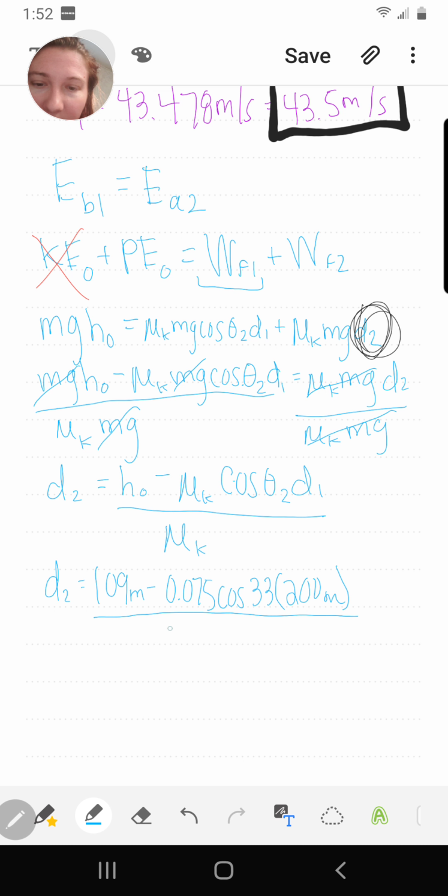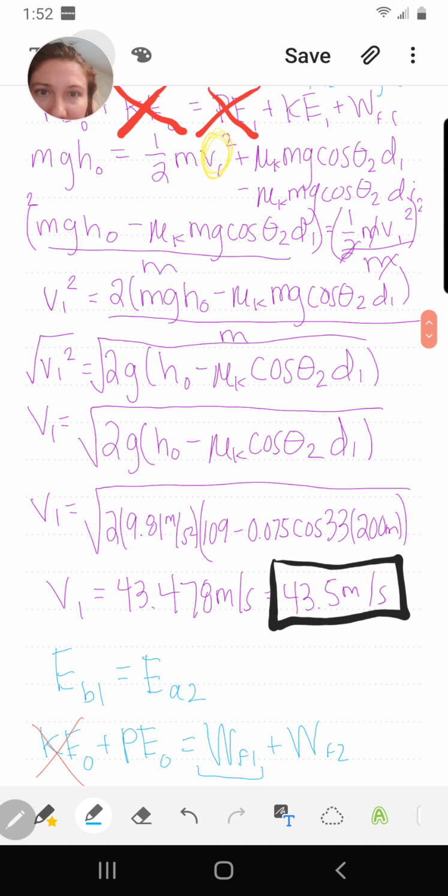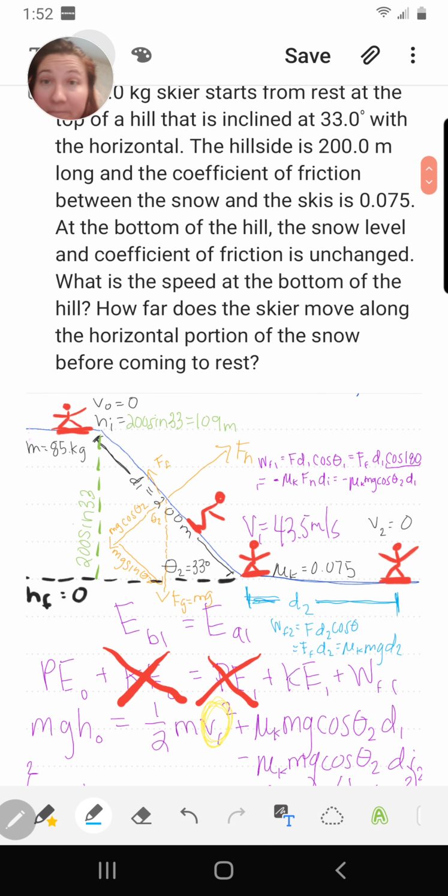And that's all divided by the coefficient of friction. So D2 is equal to 1,284.636 meters. Well, we need to remember sig figs. So about 290 meters. And that's it.